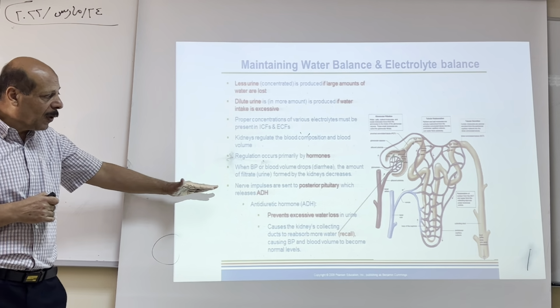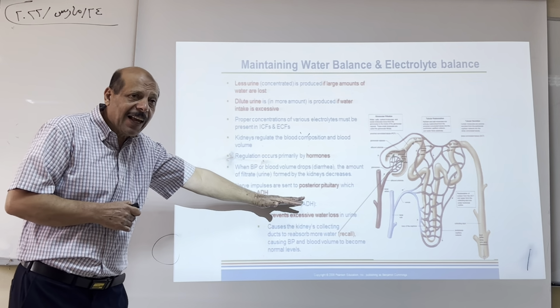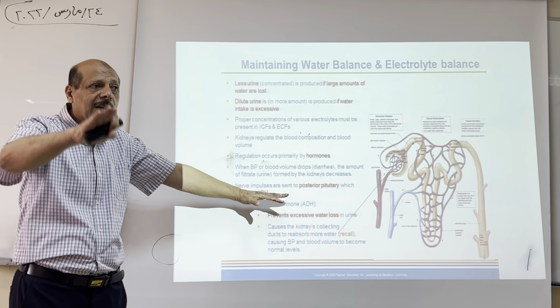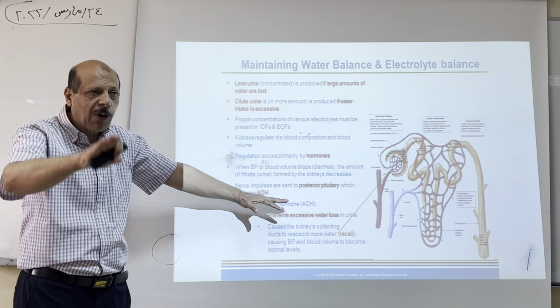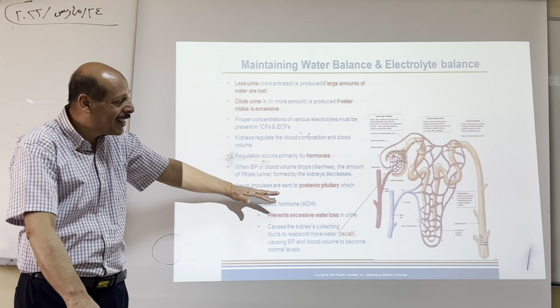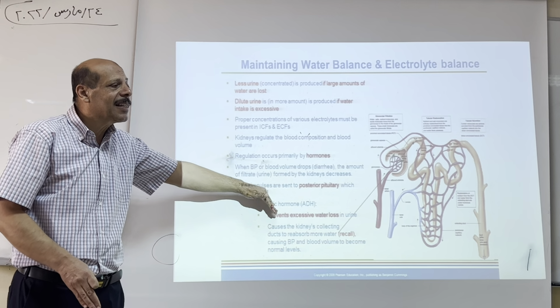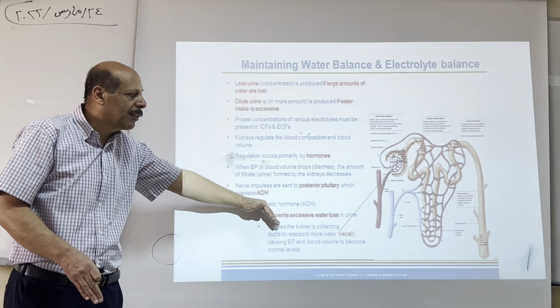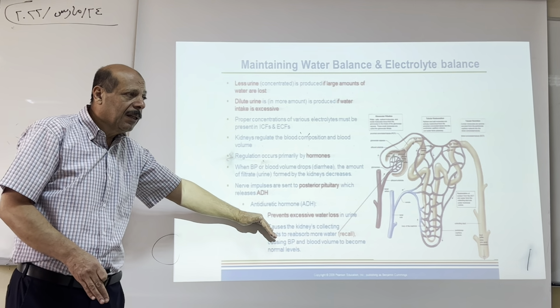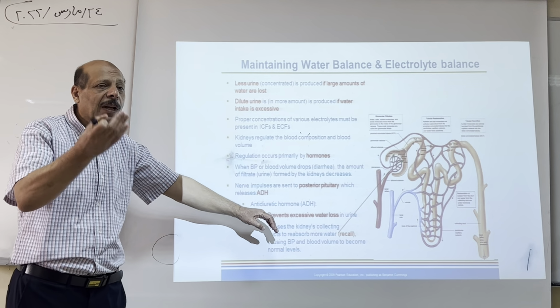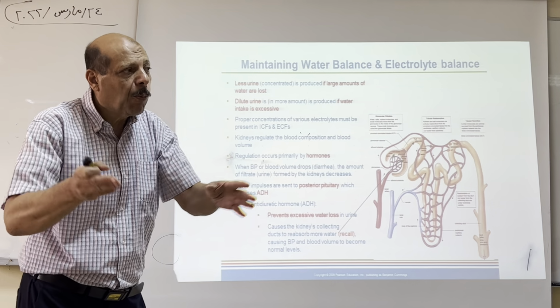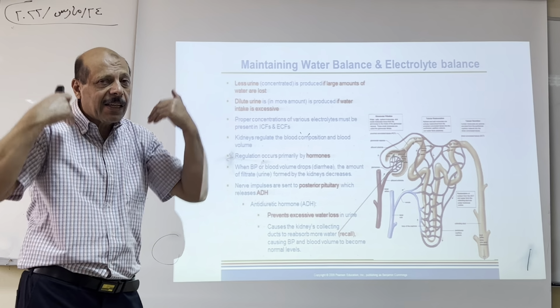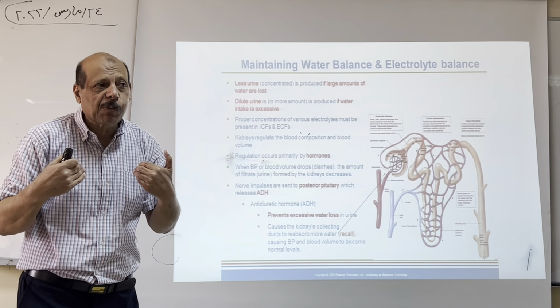So when our blood volume or fluid volume is decreased, there will be an increase in the production of antidiuretic hormone from the posterior pituitary gland. That hormone will prevent water loss by increasing the reabsorption.